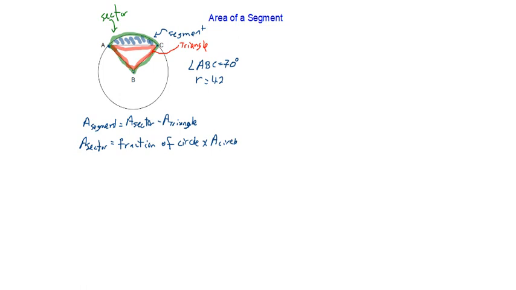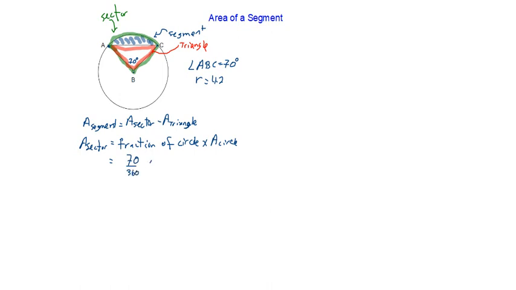If we were doing half the circle, we would do 1/2 times the area. This obviously isn't half. We do know that this is 70 degrees in here. There are 360 degrees in the whole circle, so the fraction of the circle is 70 out of 360.